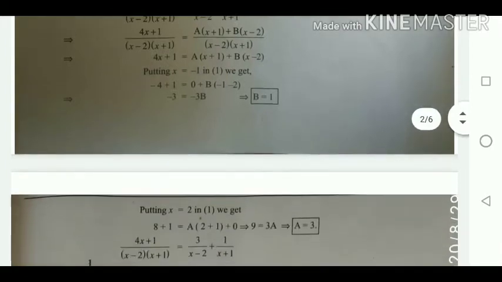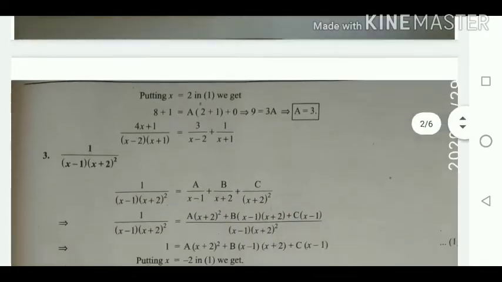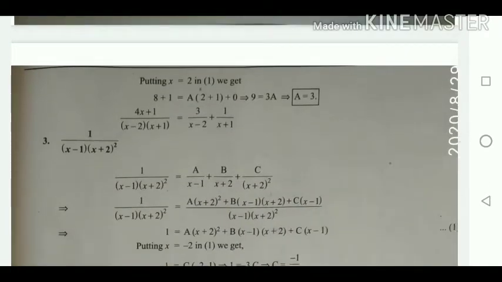Now substitute the value x equal to 2 in equation 1, we get the value of a equal to 3. Now the answer is (4x plus 1) by (x minus 2)(x plus 1) equal to 3 by x minus 2 plus 1 by x plus 1.